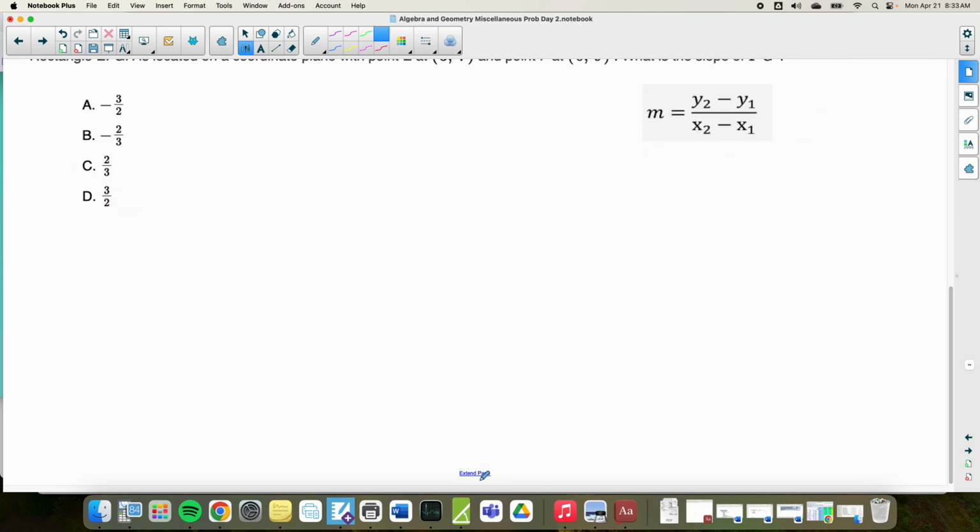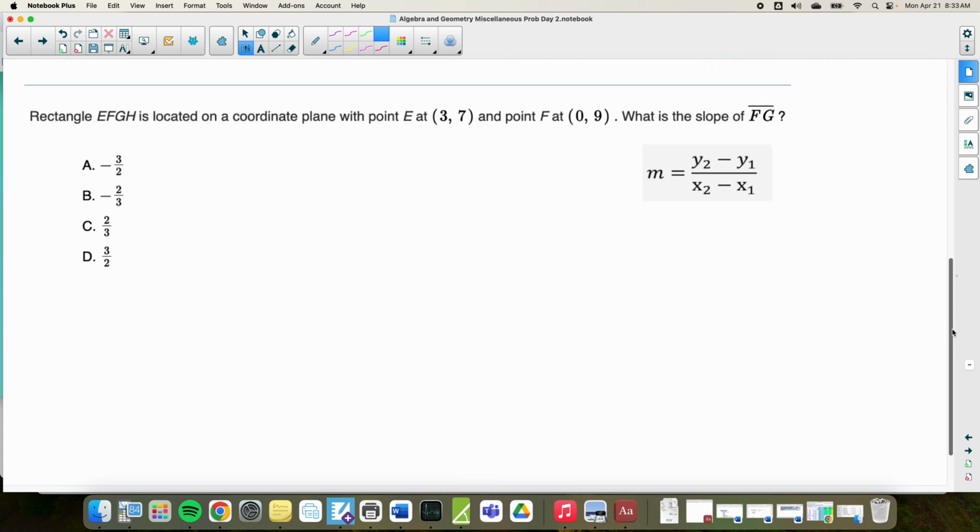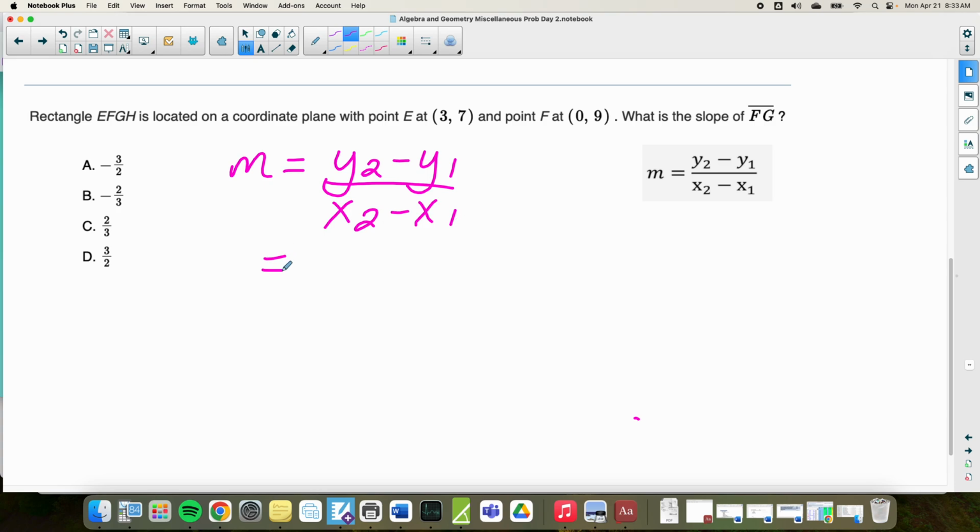This one here uses slope, and that is one of the formulas that you have on your cheat sheet. So if we do m equals y2 minus y1 over x2 minus x1, we subtract our y's on top.